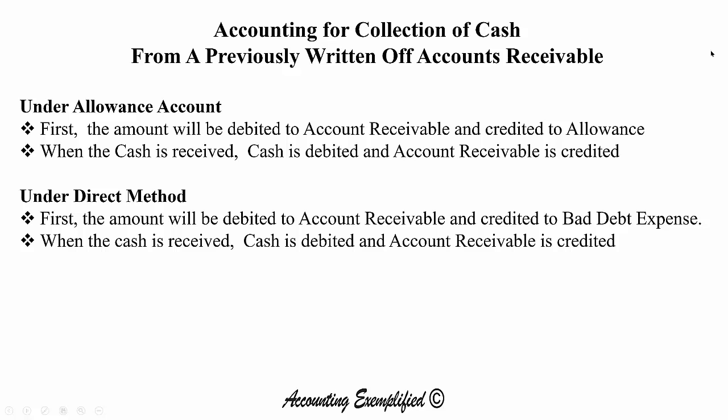First, the amount collected will be debited to the accounts receivable and credited to the allowance account. When the cash is actually received, we will debit cash and credit accounts receivable. Under the direct method, first, the amount will be debited to accounts receivable and credited to the bad debt expense. When the cash is actually collected, we will debit cash and credit accounts receivable.